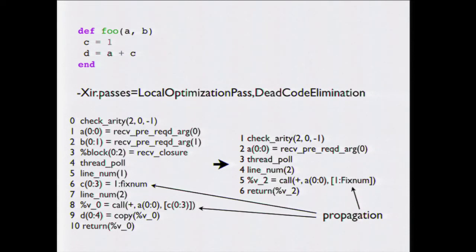C is assigned the constant value 1, and the last assignment, D equals A plus C, is basically dead code. So at the end of the day, it will reduce the code to something like that on the right side. Although B is still required, it just returns A plus 1 instead.